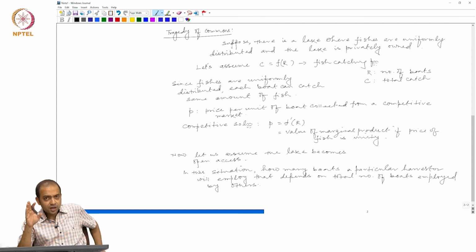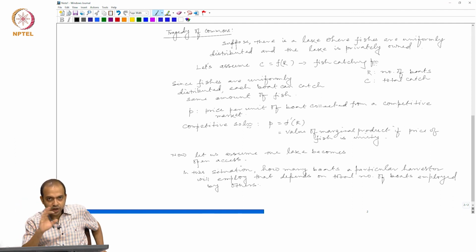Okay. Earlier the resource was being enjoyed only by a single harvester. Now there are too many harvesters, the resource now becomes open access.